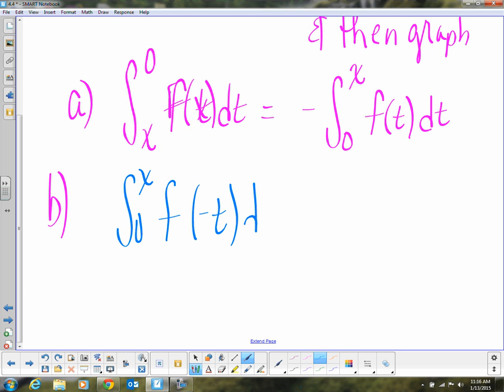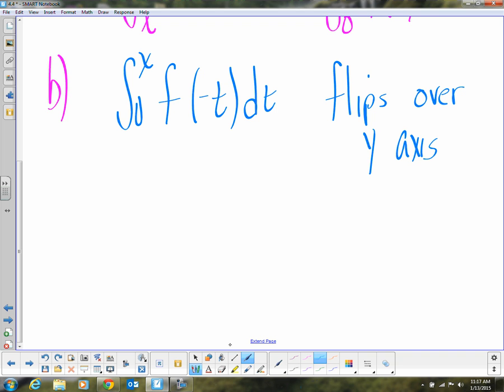What does a negative inside to the x value do to the graph? How does it flip it? It's going to flip over the y-axis. Okay? So what does that mean? Remember that graph in the beginning?